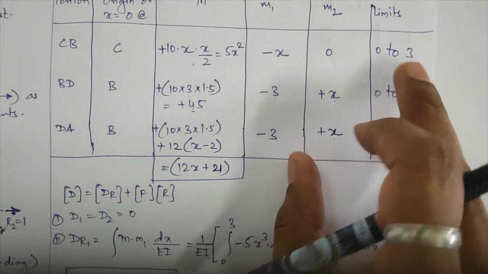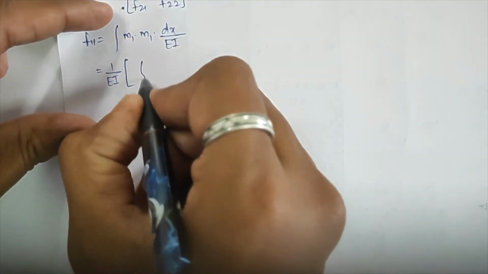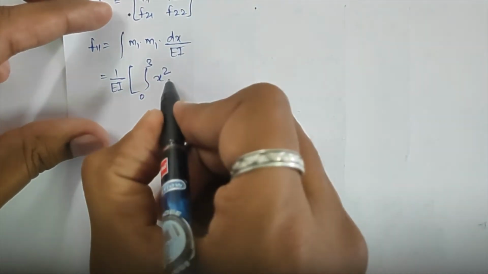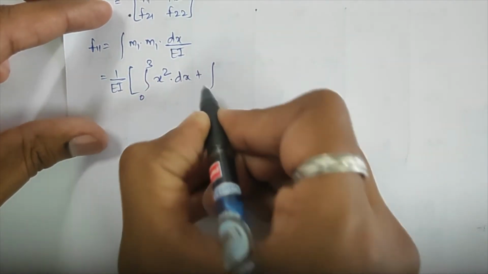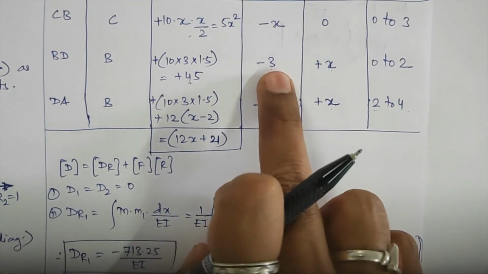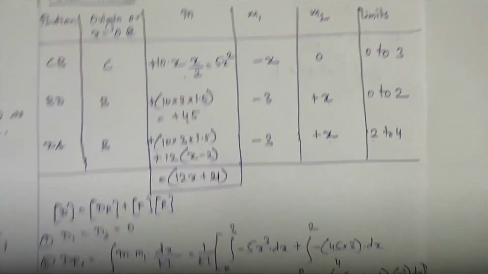So from 0 to 3, first, integration of minus x and minus x, that will become x square into dx, plus next column, that is 0 to 2 and minus 3 into minus 3, which will become plus 9.